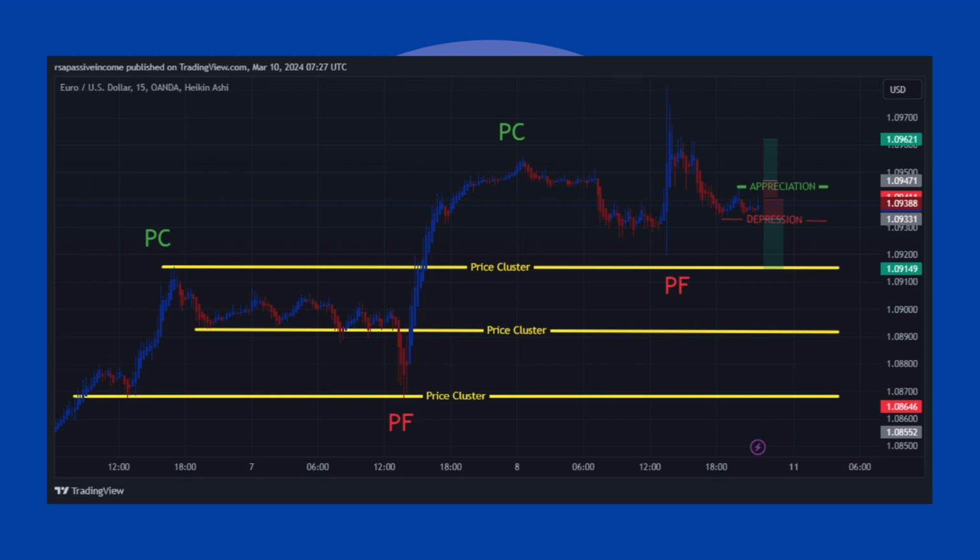And here, price ceiling again, price floor, and price ceiling again.